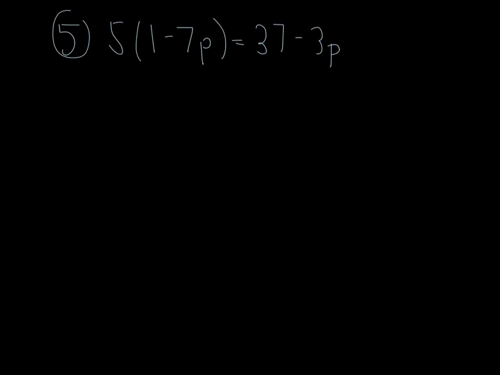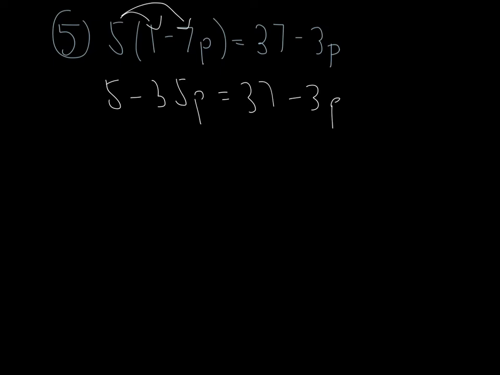Alright, so for this last one, same process really. Distribute the 5 first. So we get 5 minus 35p equals 37 minus 3p. So let's see, right, there's a couple things we can do here.